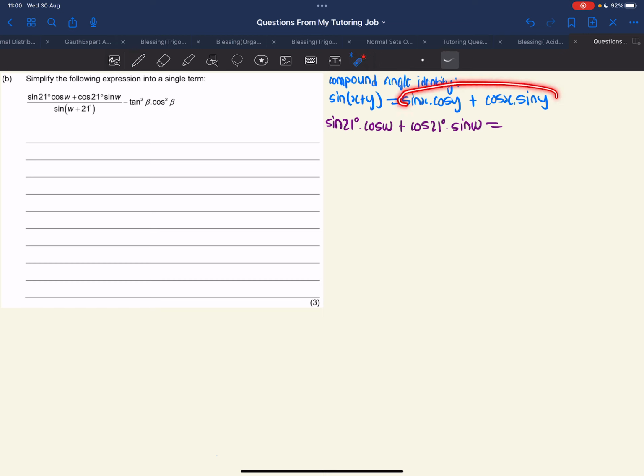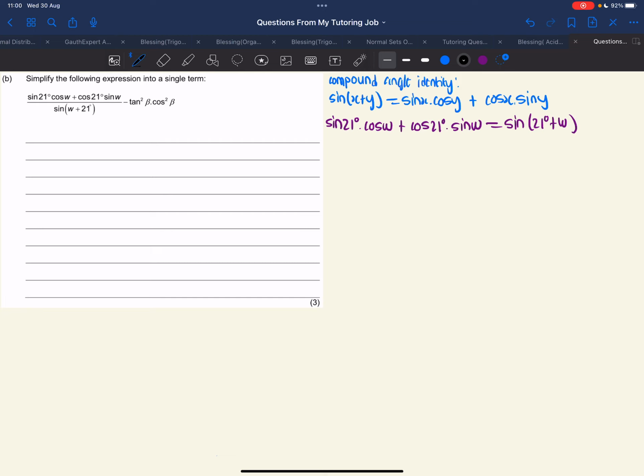If you take it back that way, it's basically going to be sine of 21 degrees plus w actually. So let's just do that right now.